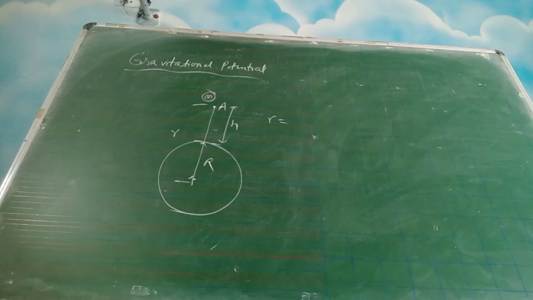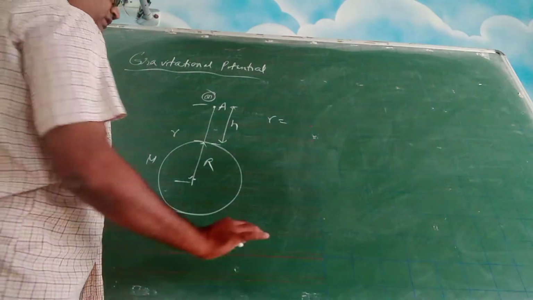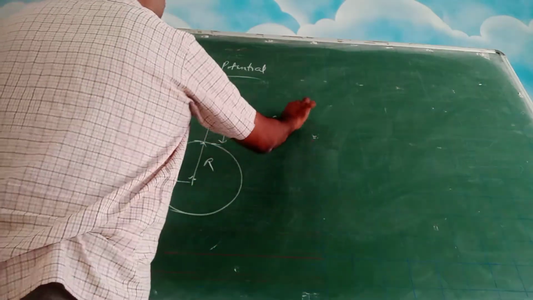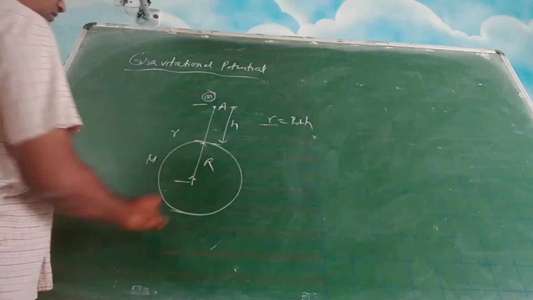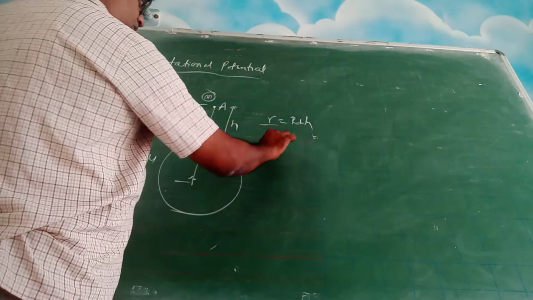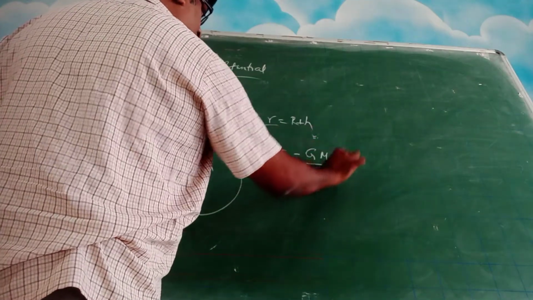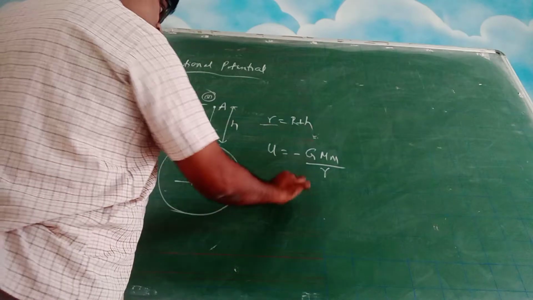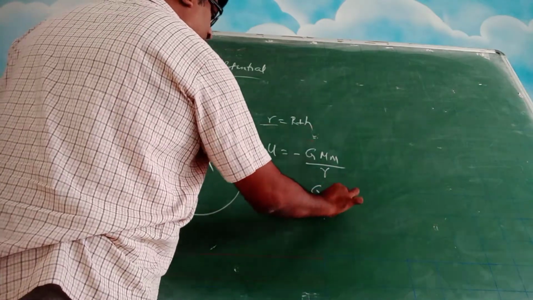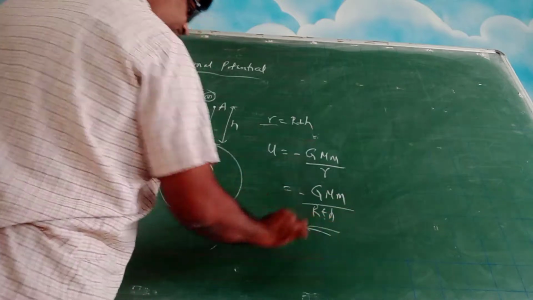This is the mass of the earth. So R is equal to R plus h, isn't it? The gravitational potential energy was U is equal to minus G M m by R, or minus G M m by R plus h.